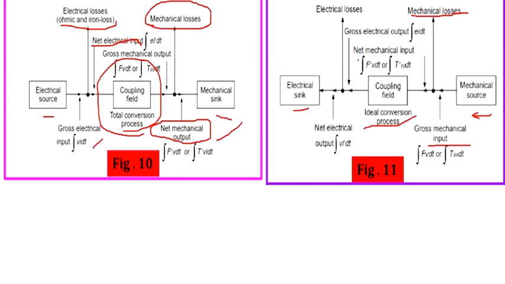After getting converted into magnetic field, there will be losses associated with the electrical side, that is, electrical losses. So finally you will get the net electrical output. This indicates that in both conversions there are different losses associated with the electrical and mechanical sides.